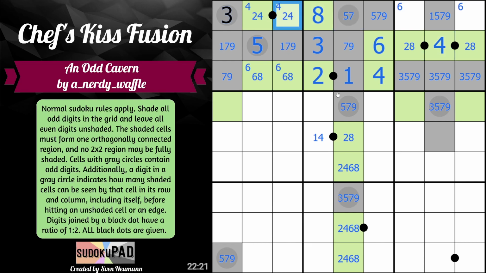I am. Just as I say, I don't think I am. What does this 8 stare at? Well, it's connected to this square, but I don't see a black dot, which means this cannot be 4. This must be 2. And this must be 4. So we have 2, 4, 8.